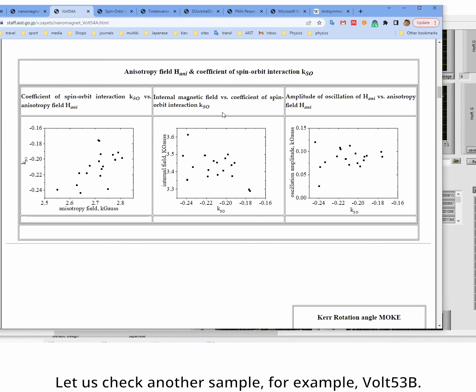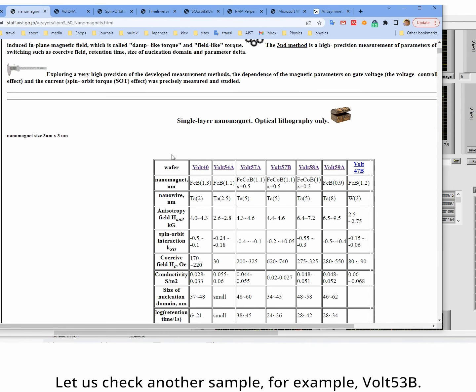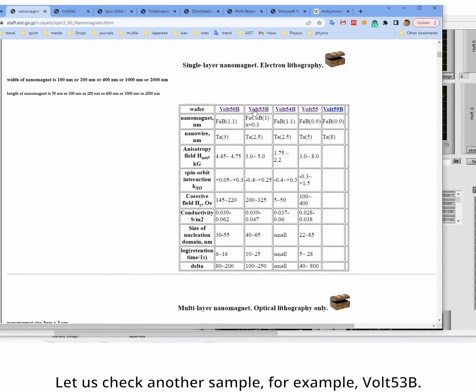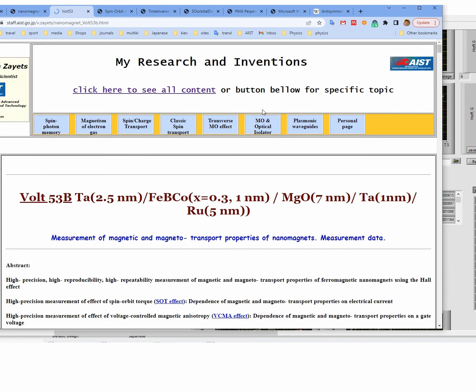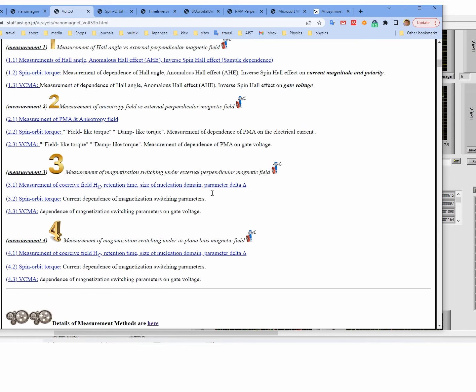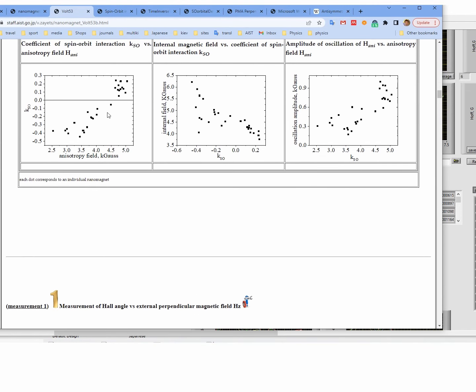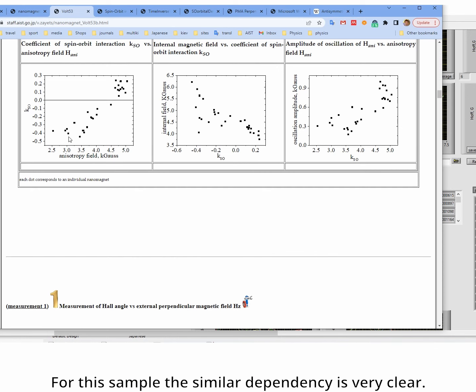Let us check another sample, for example, Ha.05b. For this sample, the similar dependency is very clear.